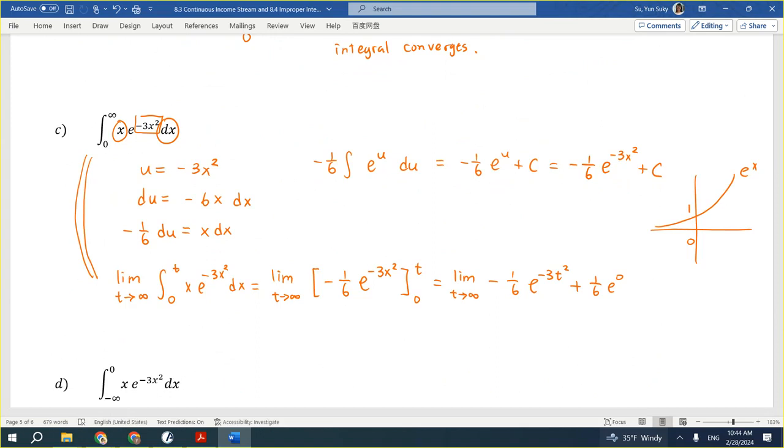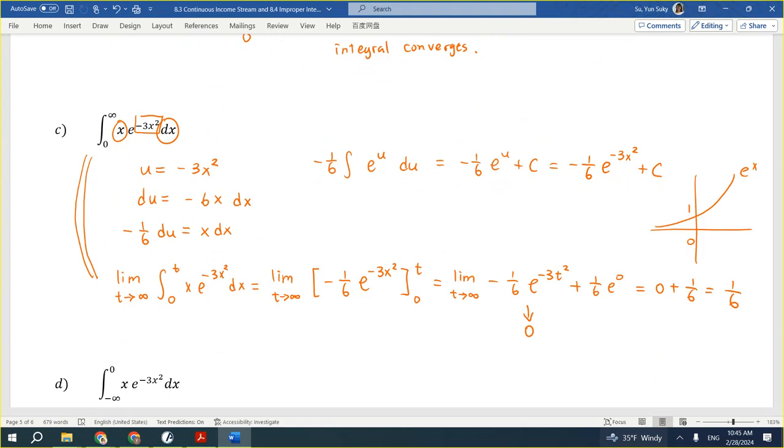Look at your function. If x goes to minus infinity, what happens? This goes to 0. Did everybody see that? So the final answer is 0 plus 1 over 6, so it's 1 over 6.